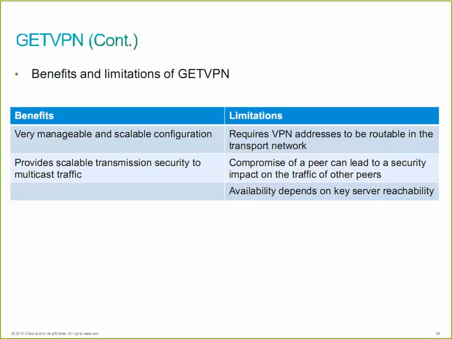So you would expect that as the number of members grows and the complexity of the GETVPN architecture grows, the complexity of the configuration will grow, and it's not the case. The configuration doesn't really change that much when you're adding additional group members, okay? So it is a very scalable and fairly simple configuration to apply.